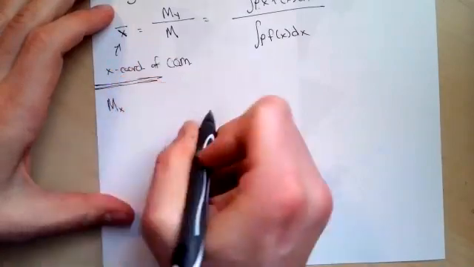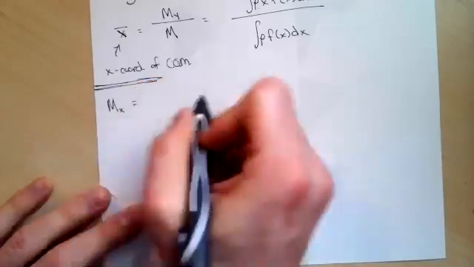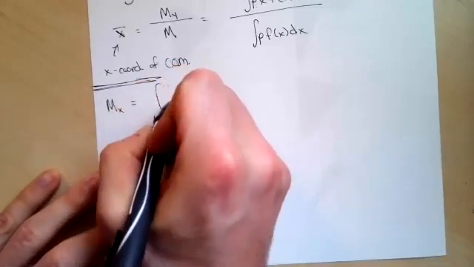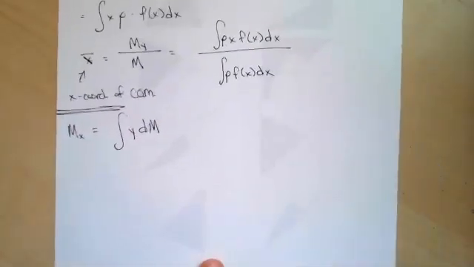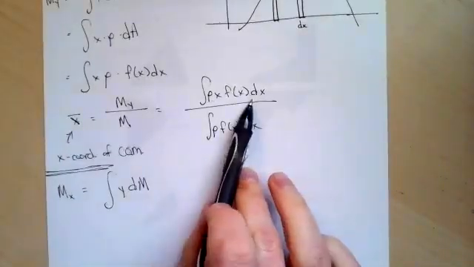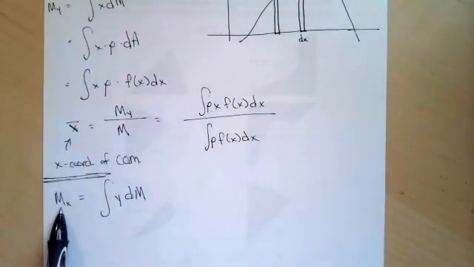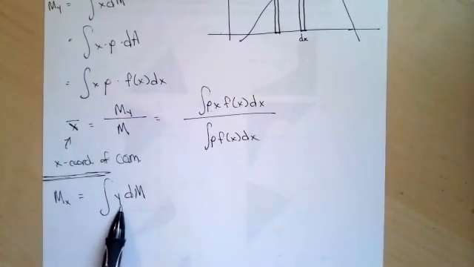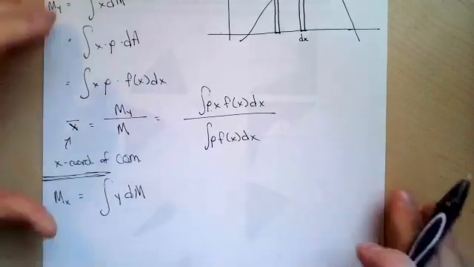But for Calc 2, since we can't do double integrals, we have to finagle this a little bit. We still want to, if we're doing all of our integrals with respect to dx, do this moment about the x-axis in terms of x. So we need to, in some sense, replace this y.